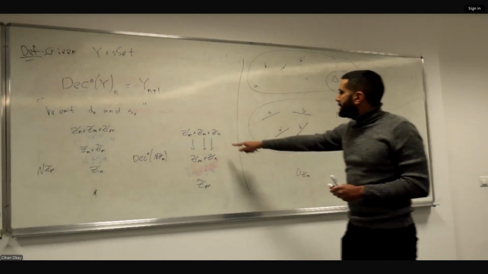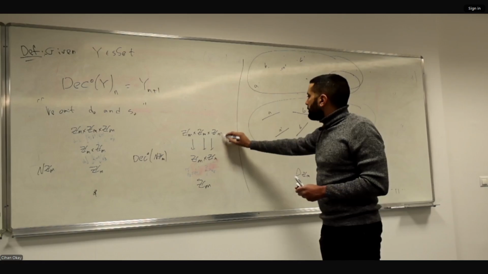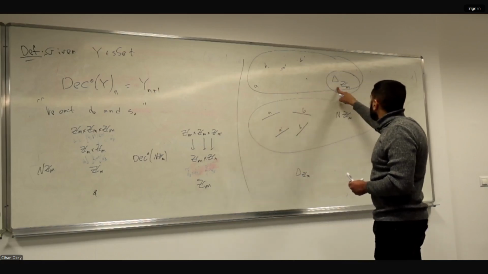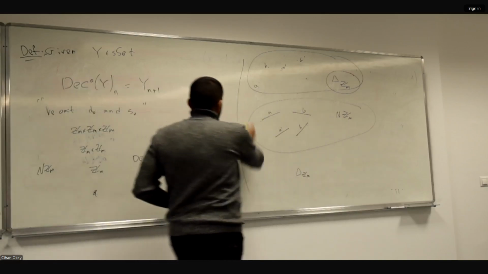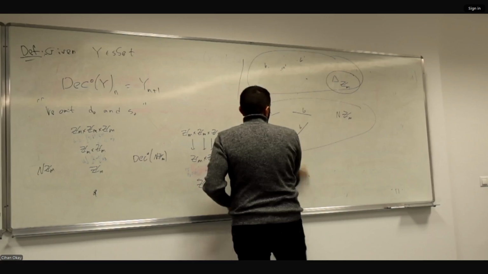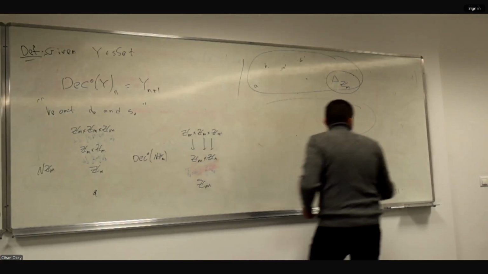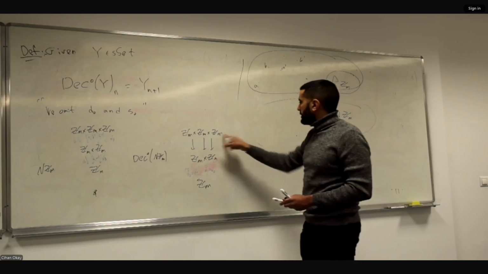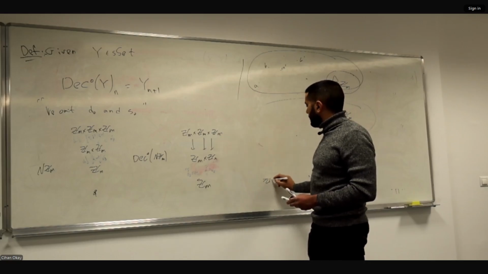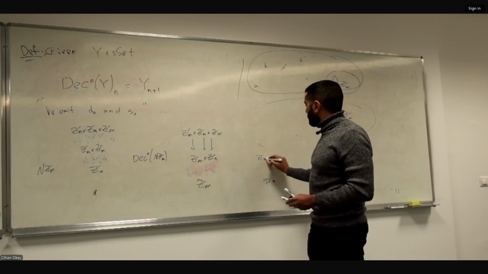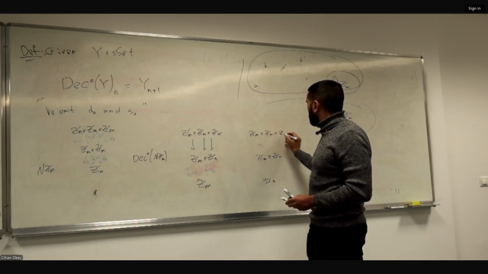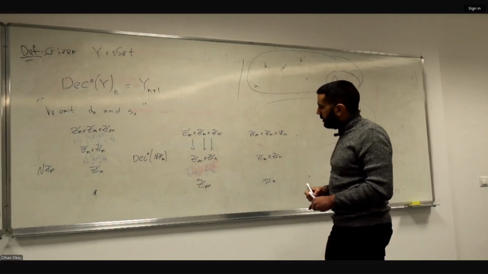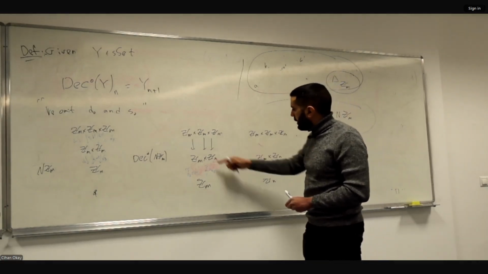But we see that this is similar to delta Zm. Let me remind you what delta Zm is. As an object it's the same, as sets it's the same, but there is a difference between these maps.